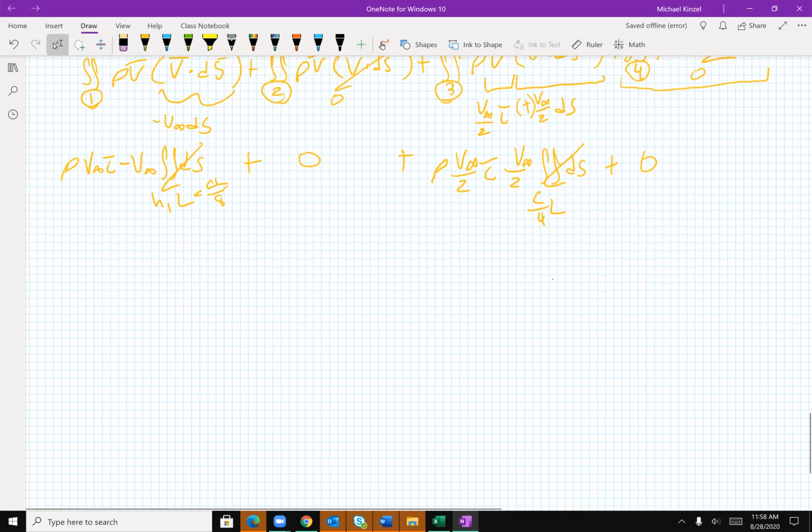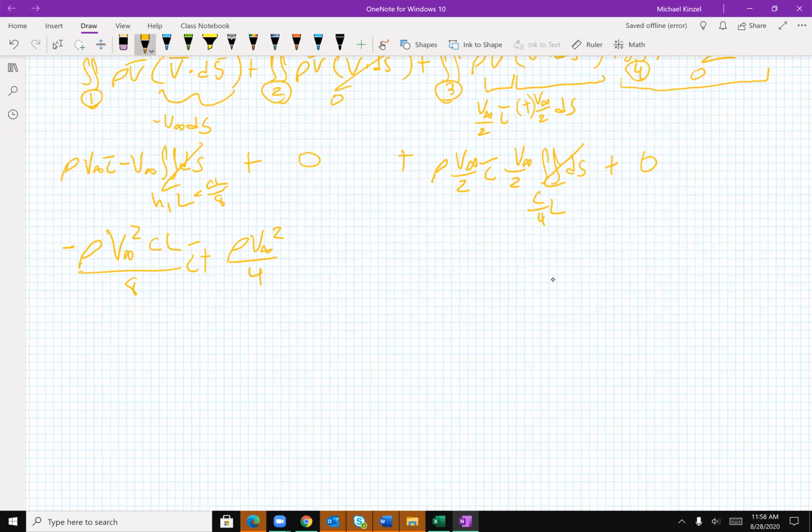So our left-hand side becomes, if we had to pull this all together, rho times V infinity squared. This side's going to be negative, times C times L on 8. This one's going to be positive, rho V infinity squared on 4.